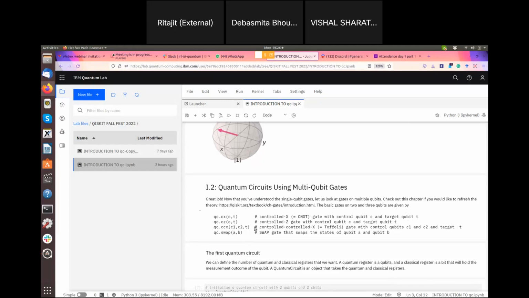If the target qubit is 1 and the control qubit is 0, then it also does nothing. Now, if the control qubit is 1, then it acts like a NOT gate. That's why it is a controlled NOT gate. So if the control qubit is 1, then it takes the target qubit from 0 to 1 or 1 to 0. This is the work of the CNOT gate.